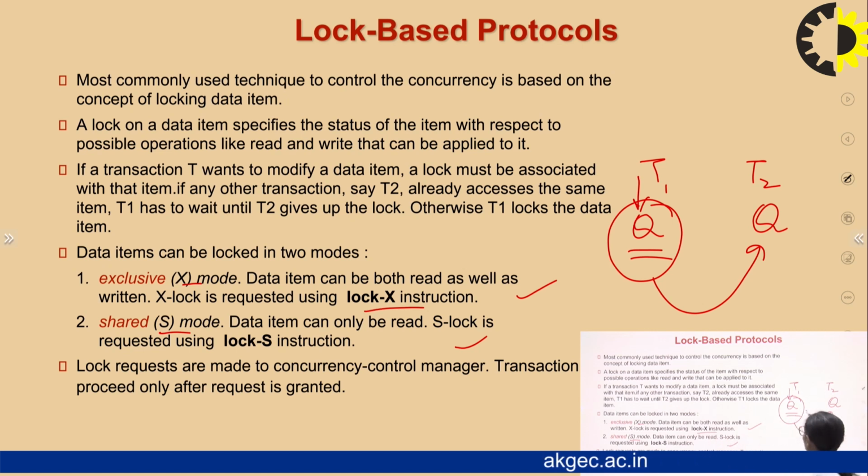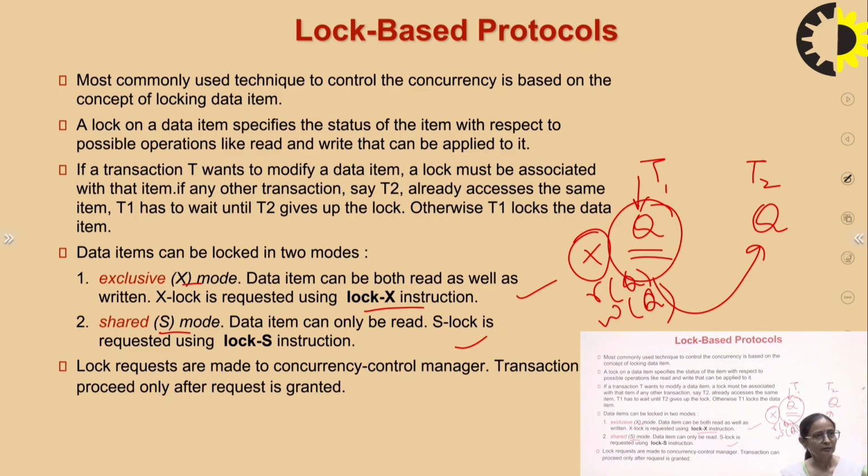If I have exclusive mode, then T1 can read as well as write on this data item Q. But if T1 has obtained the lock in mode S, then only reading is allowed, and writing is not allowed.